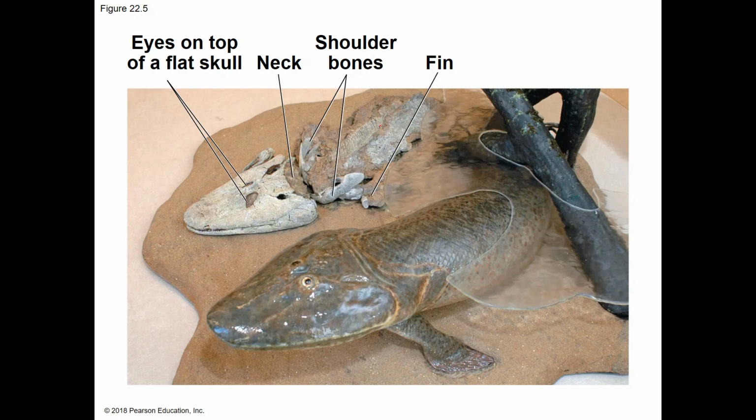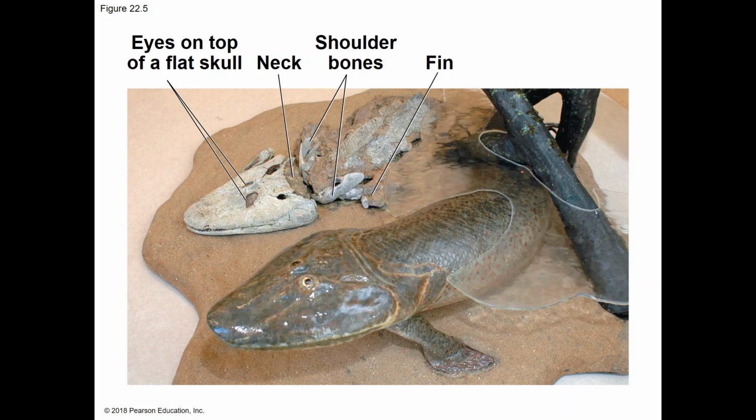But the refinement of lungs and lung breathing was extremely important in this evolutionary process that allowed organisms to begin to walk on land. So paleontologists have uncovered a lot of different types of transitional forms of this evolution. And they actually jokingly refer to them as fishopods. So they're fish-like, but they are also arthropod-like.